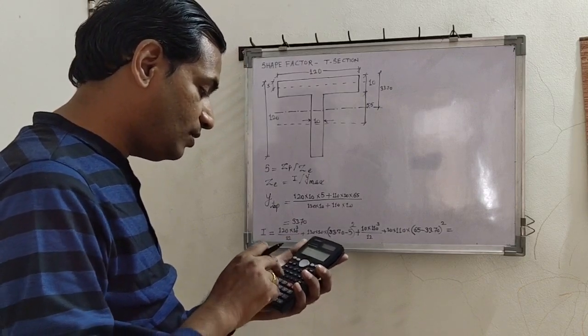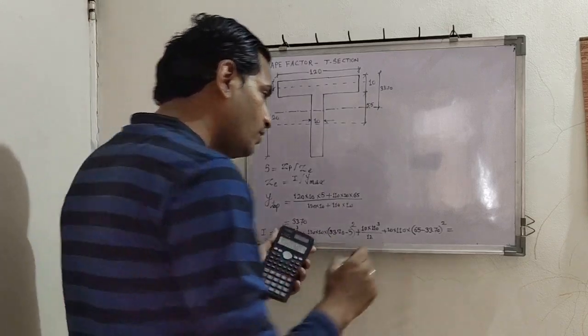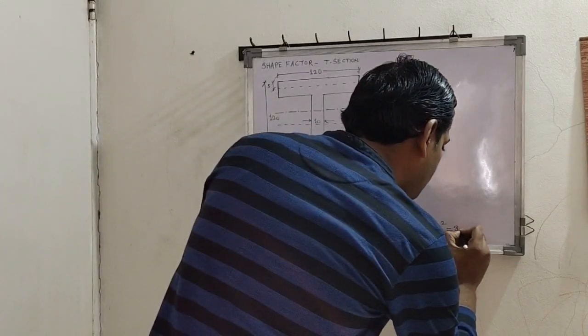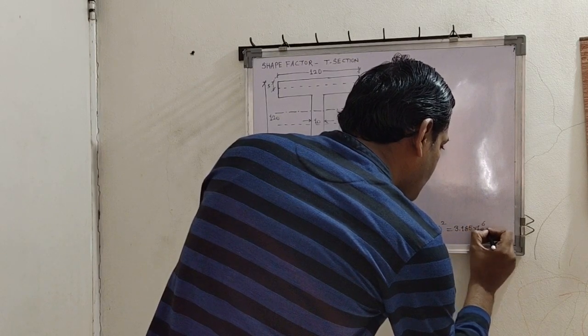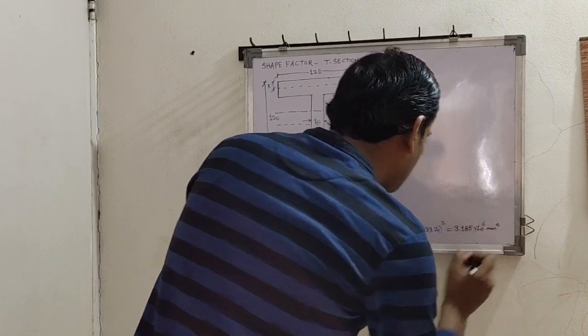Okay, so this is 3.185 into 10 raised to 6 mm raised to 4.